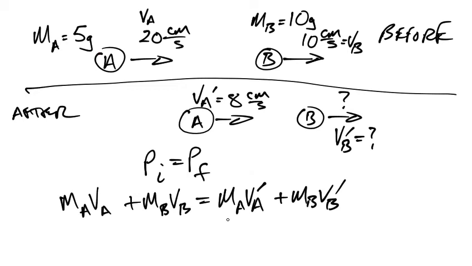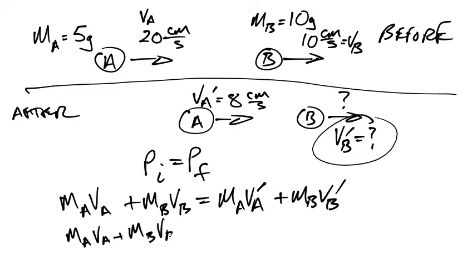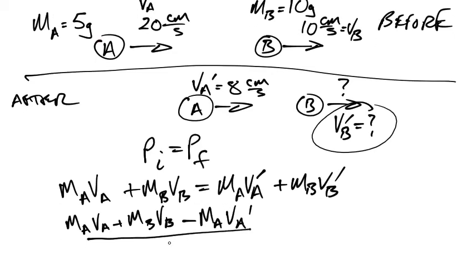Therefore, since I'm looking for this value, let me solve for it algebraically. No problem. I say MAVA plus MBVB minus MAVA prime all over MB is equal to VB prime.